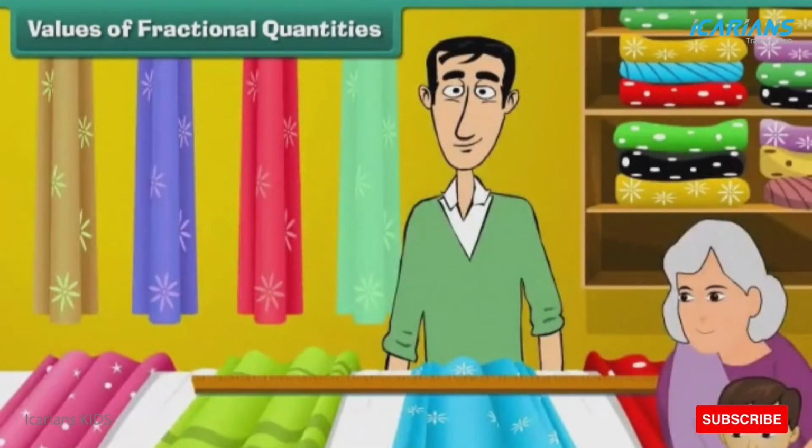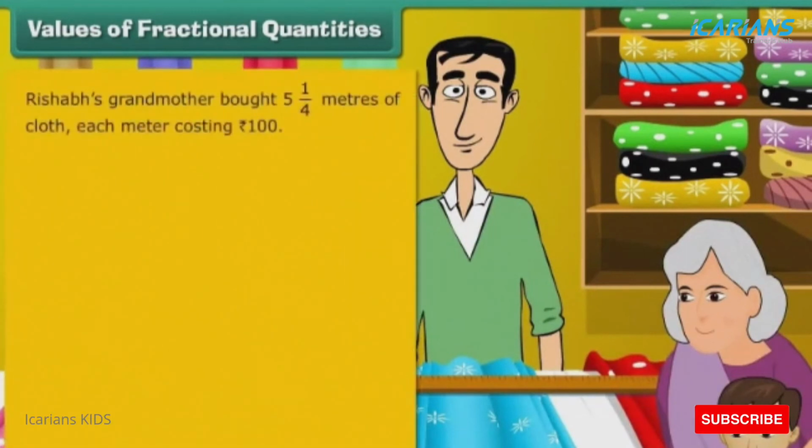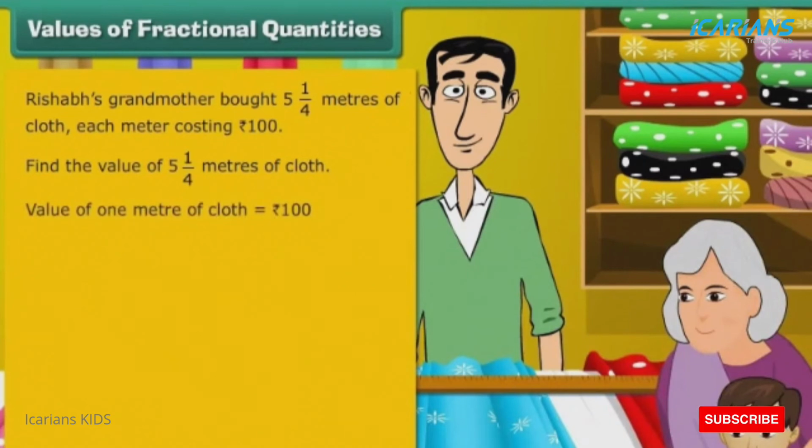Now look at another example. Rishabh's grandmother bought 5 1/4 meters of cloth, each meter costing Rs 100. Find the value of 5 and 1/4 meters of cloth. Value of 1 meter of cloth is equal to Rs 100. Value of 5 meters of cloth is equal to 5 multiplied by 100, which is equal to Rs 500.